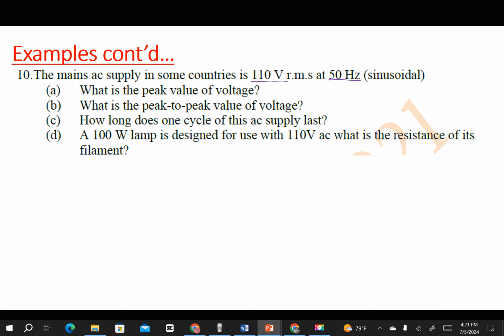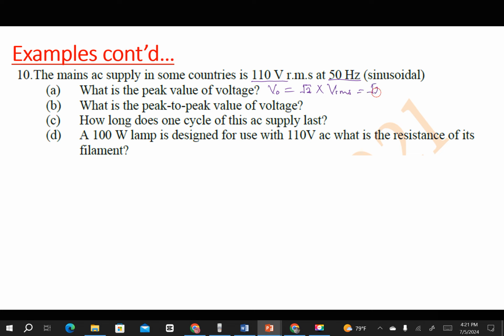So this is direct. We said V root mean square is V naught over root 2, so the peak value V naught is equal to root of 2 times V root mean square.